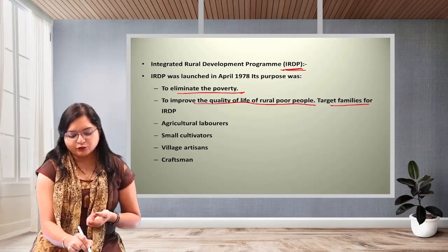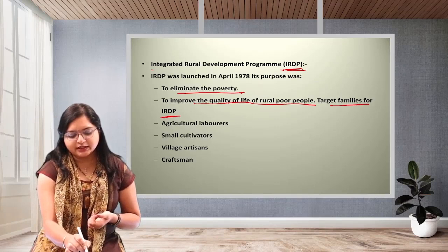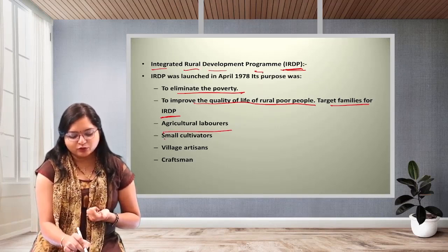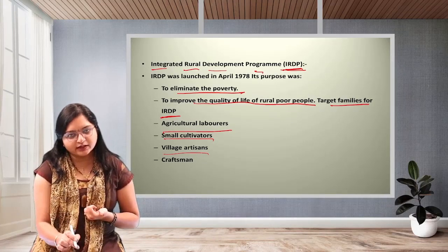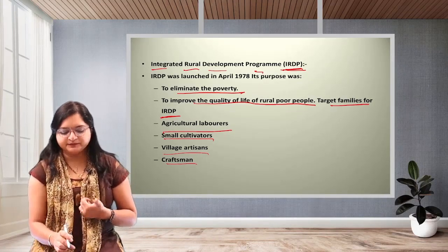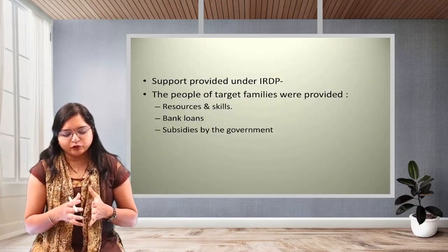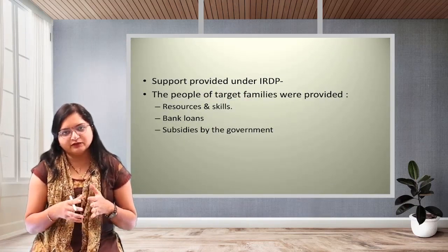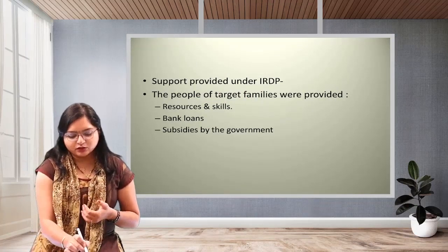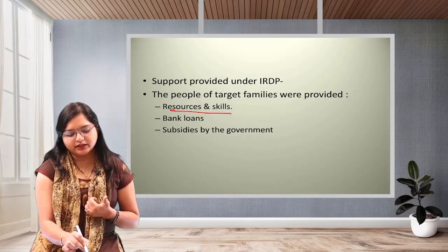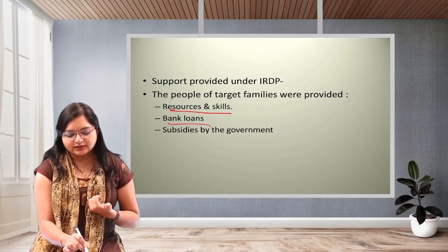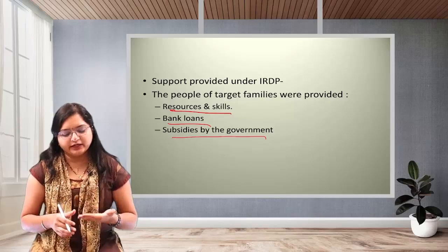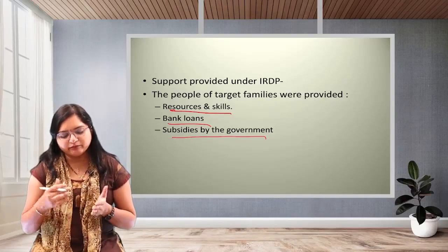Target families for IRDP: agricultural laborers, small cultivators, village artisans and craftsmen. Then the support provided under IRDP: the people of target families were provided support, resources and skills. They were given bank loans and subsidies by the government. So this is the support which is provided under the IRDP.